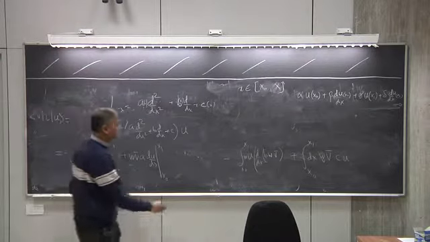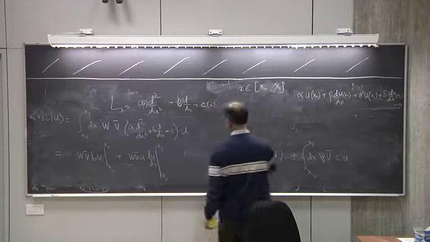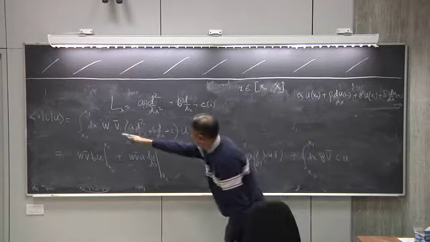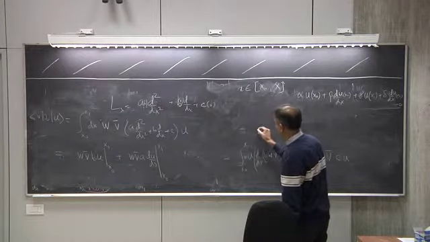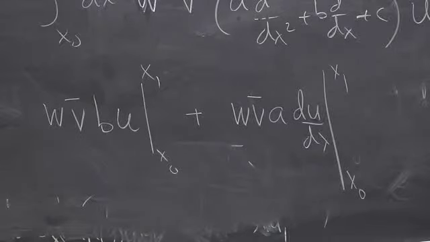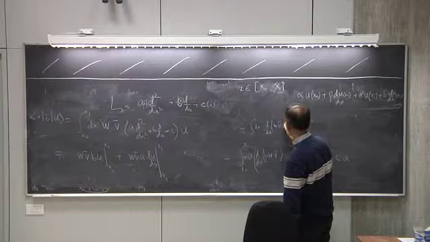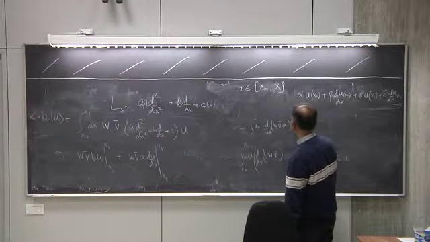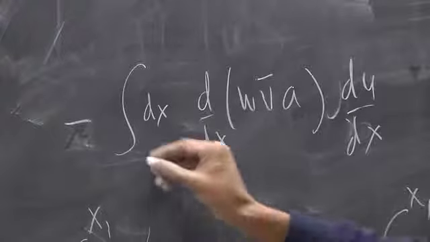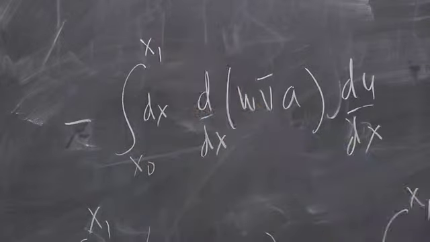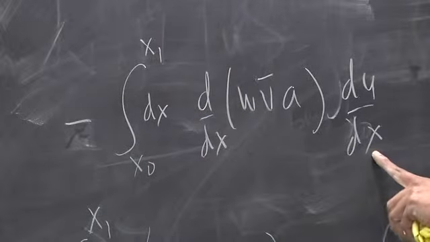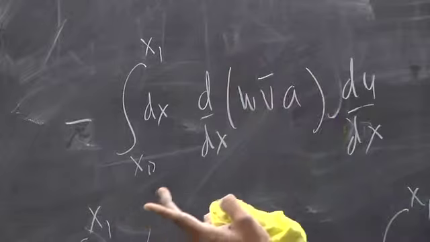and then I will get, so let me write here, from the other term will be minus dx d by dx acting on w v bar a times du by dx, correct? But this is still not good enough. I mean, there's still a differential operator. So I need to do again an integration by parts.